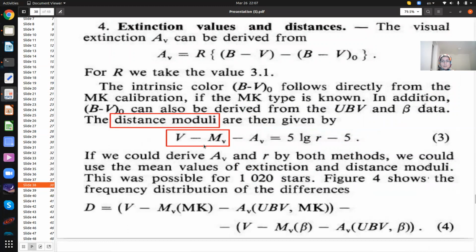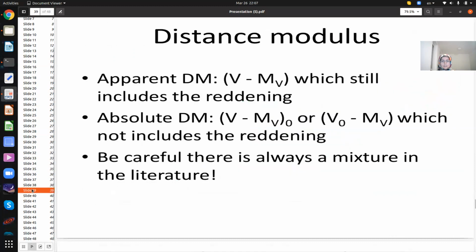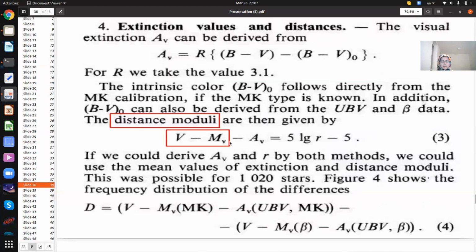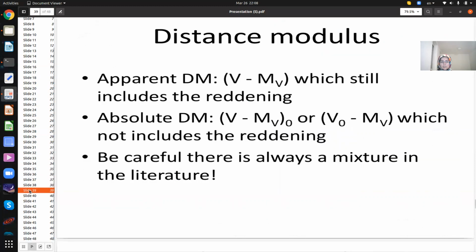Here we have the distance modulus, and for the apparent distance modulus, we have V minus MV, or visual magnitude minus absolute magnitude.